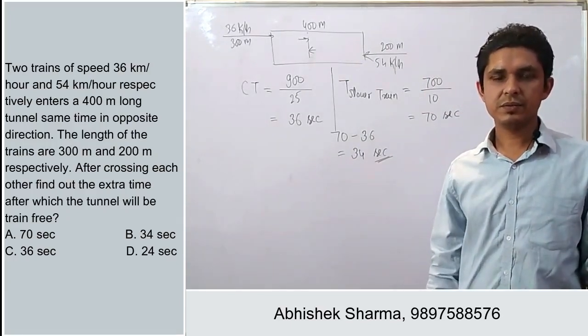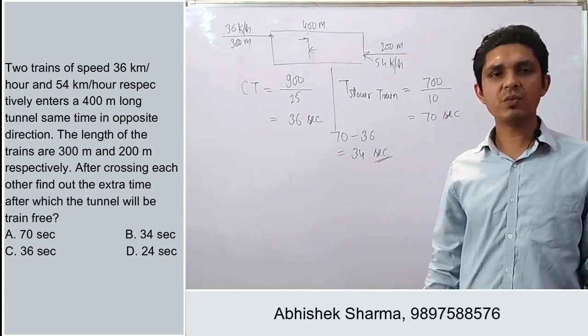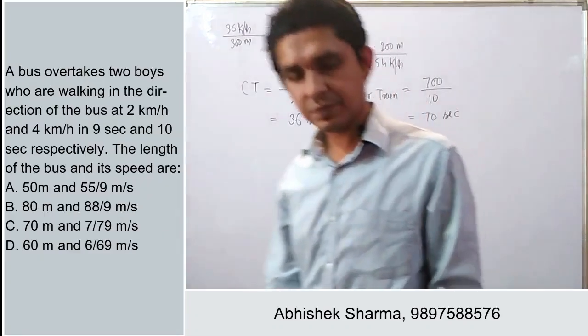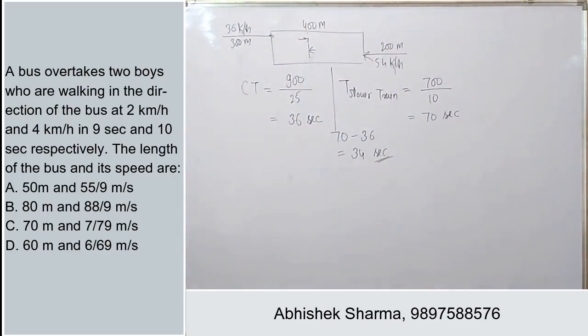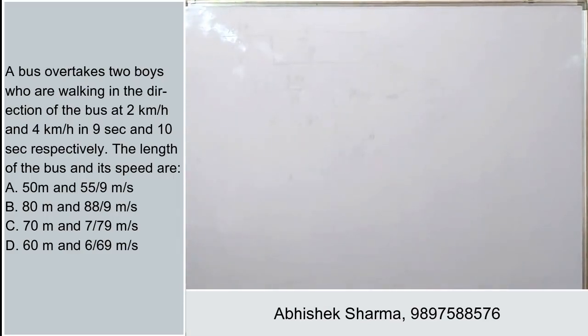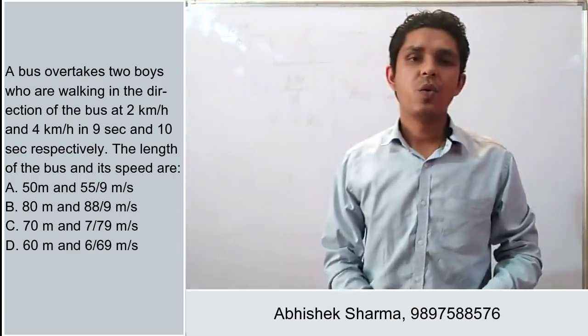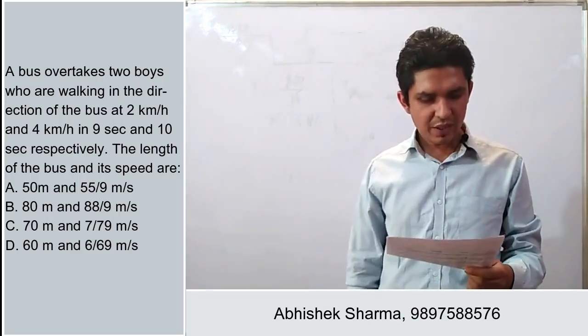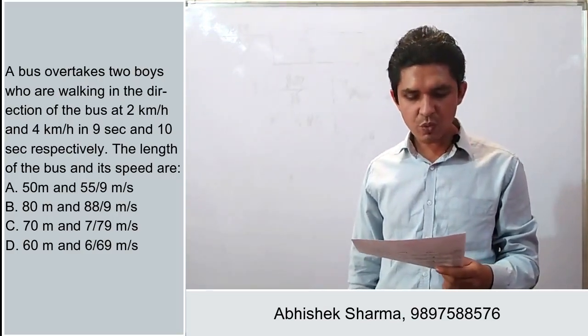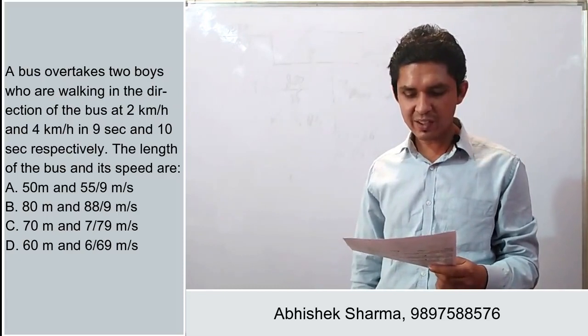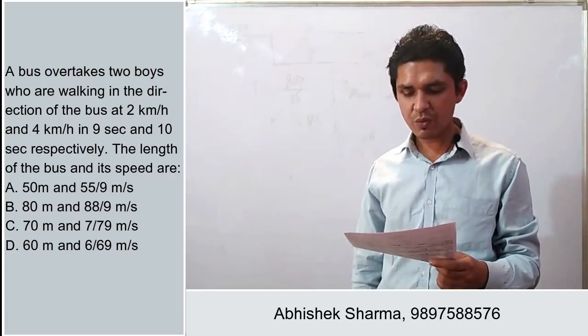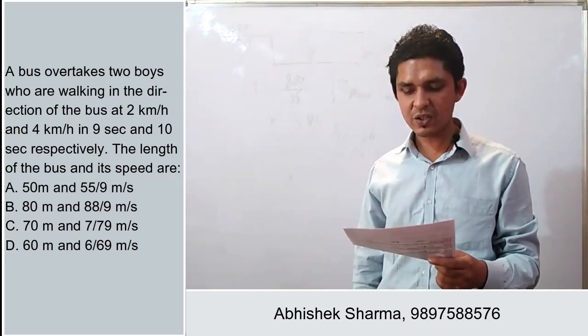Is it clear? Okay, coming to one more question. A bus overtakes two boys who are walking in the direction of the bus at 2 km and 4 km per hour in 9 seconds and 10 seconds respectively.